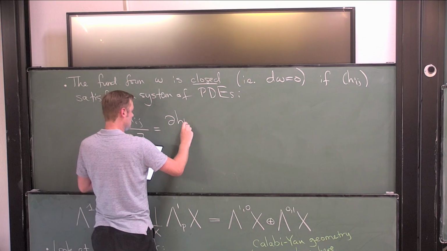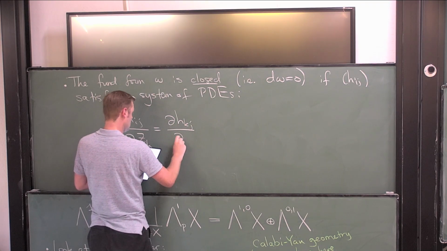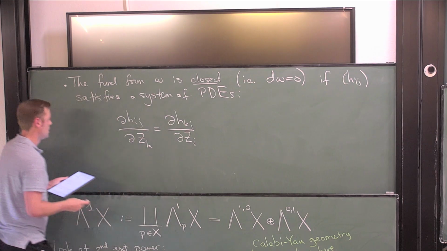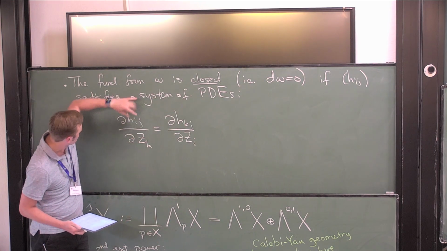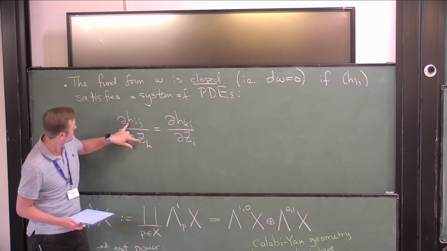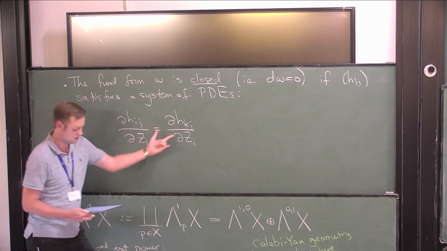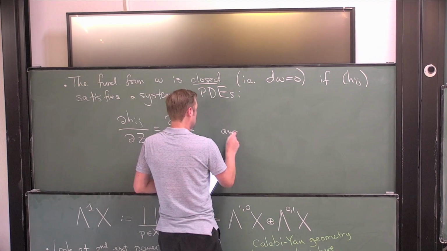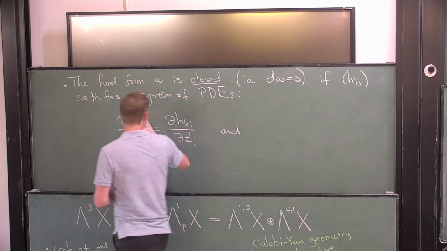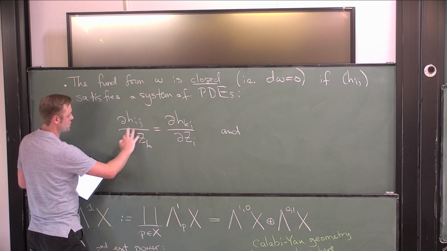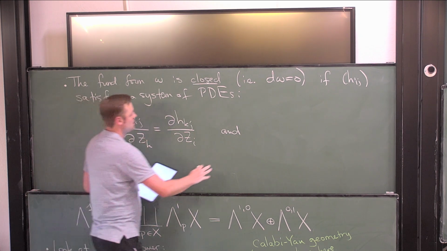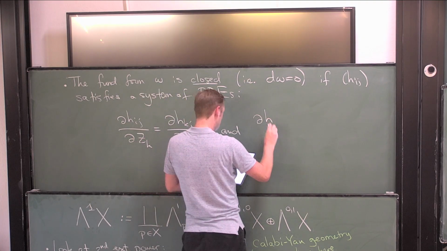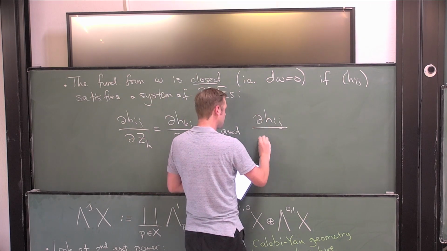Let me just write this. The difference here is that k and i are being swapped. That's the symmetry. And a similar equation, so these are PDEs in z, and we also have PDEs in z bar of the exact same form.